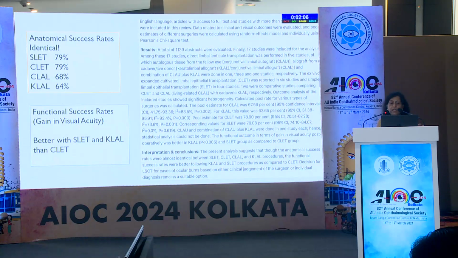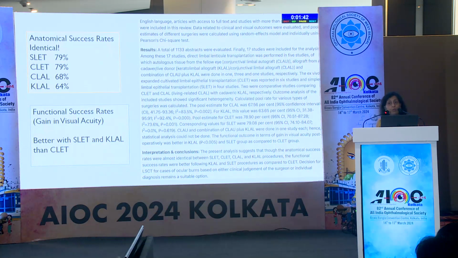And unfortunately, there are no RCTs. But based on the large case series available, all the procedures have a reasonably good anatomical success rate. So that's in a way good news. Whichever surgeon has whatever access or comfort zone, you can do any of these procedures. And the gain in visual acuity was better with SLET and keratolimbal allografts than with CLET.